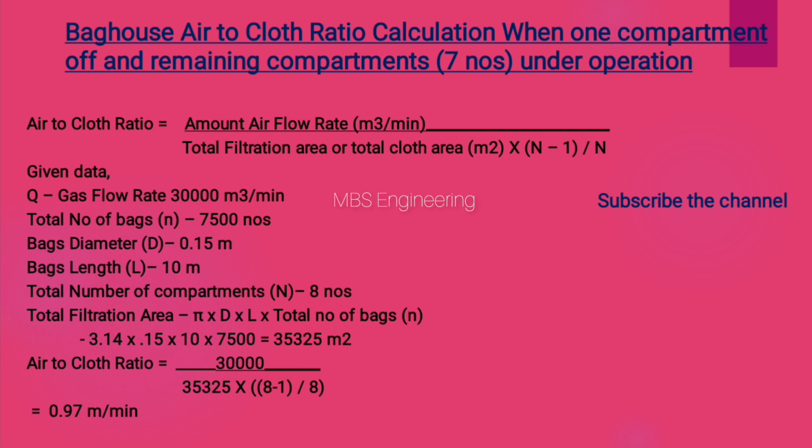Based on the above data and equations, the total filtration area is 35,325 square meters. Air to cloth ratio equals the air flow rate divided by the total filtration area or total cloth area, multiplied by n-1 divided by n. In the above equation, n is the total number of compartments.